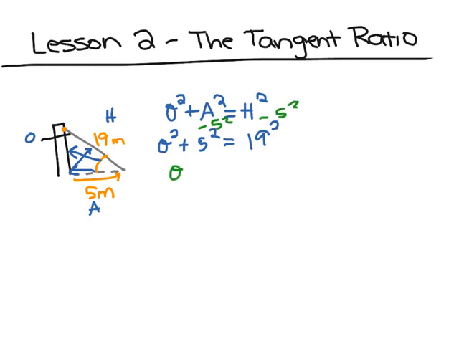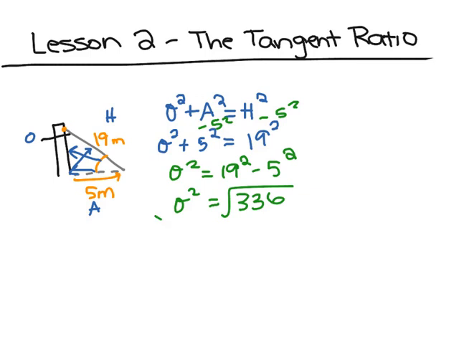O squared is equal to 19 squared minus 5 squared. O squared should be equal to 336. Square root both sides, and O should be equal to 18 meters. So we know our opposite side now is 18 meters.